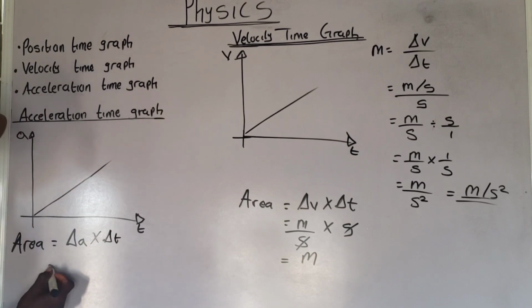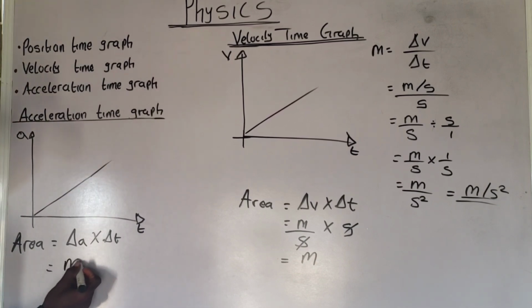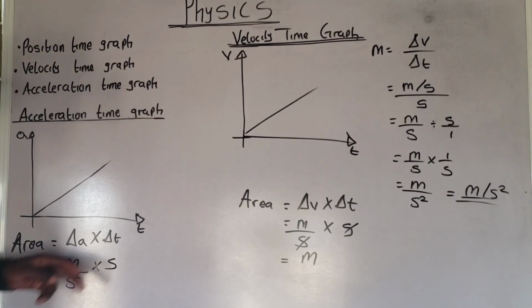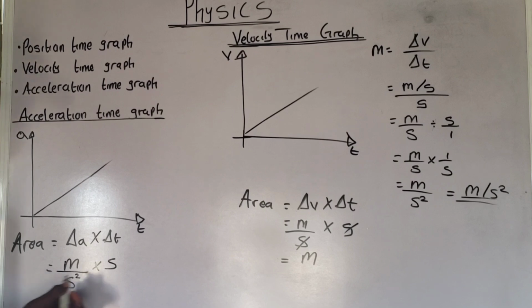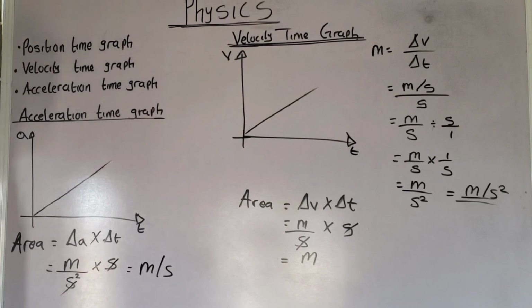So for this area, the unit of acceleration is what? Meter per second squared. So I'm going to have meter per second squared, multiplied by seconds. The unit of time is what? Seconds. So we cancel 1 second, and I'm left with what? Meter per second.